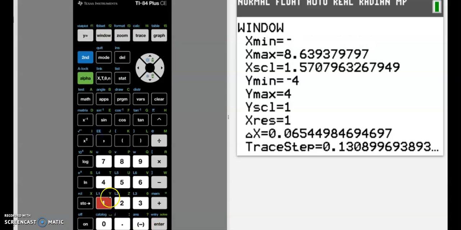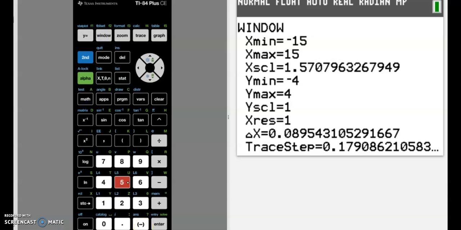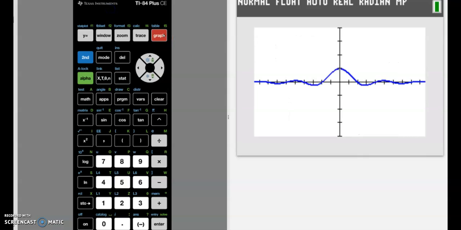Let's do -15 for sure is not negative infinity, nor is 15 positive infinity, but we might get a better visual. So we get this interesting graph. Kind of reminds me of an octopus. I don't know why, but it oscillates over the x-axis. And as it oscillates, it's getting closer and closer and closer to 0.